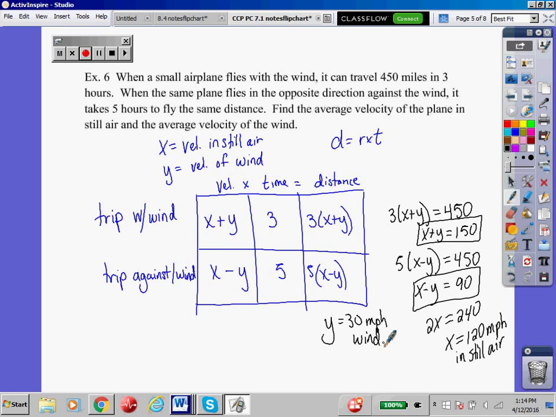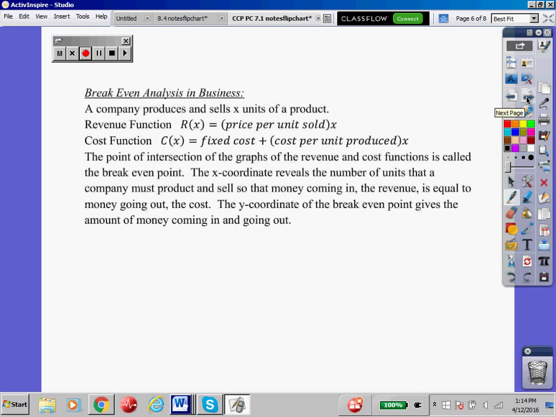So in example 7, it says technology is now promising to bring light, fast, and beautiful wheelchairs to millions of people with disabilities. A company is planning to manufacture these radically different wheelchairs. Fixed cost will be $500,000, and it will cost $400 to produce each wheelchair. Each wheelchair will be sold for $600.